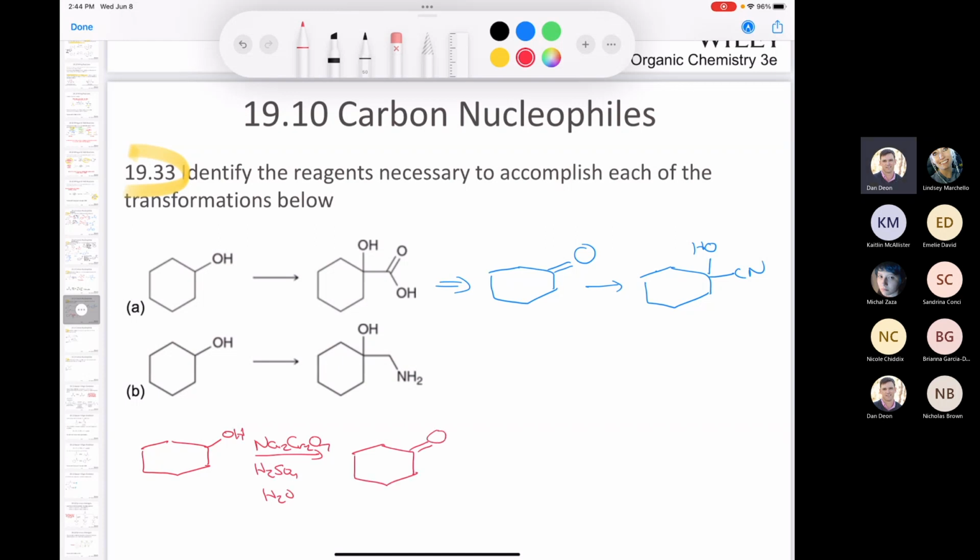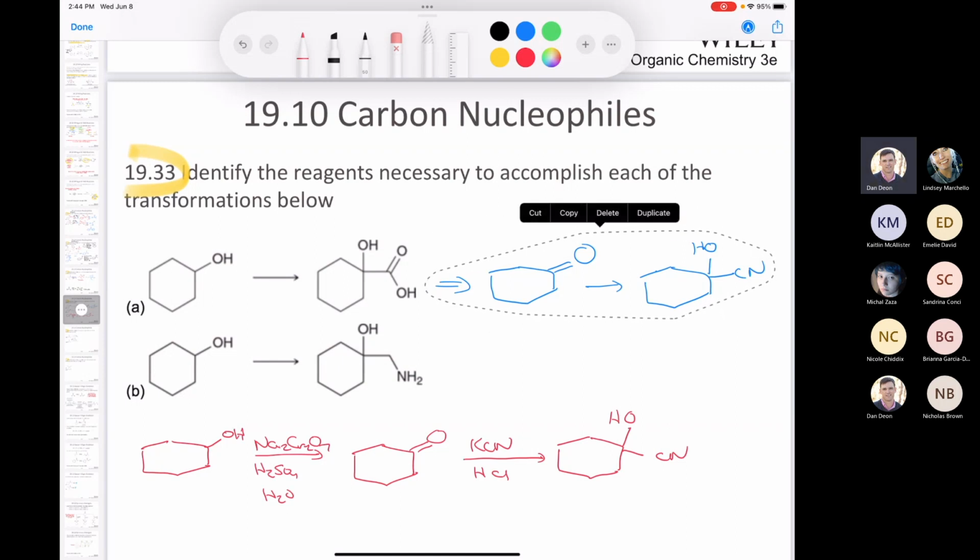And then if we want to make a cyanohydrin, we treat that with KCN and HCl. And that gives us a new carbon-carbon bond, which is pretty cool. Like this, KCN and HCl. And then if we want to make the carboxylic acid, what are we going to do?